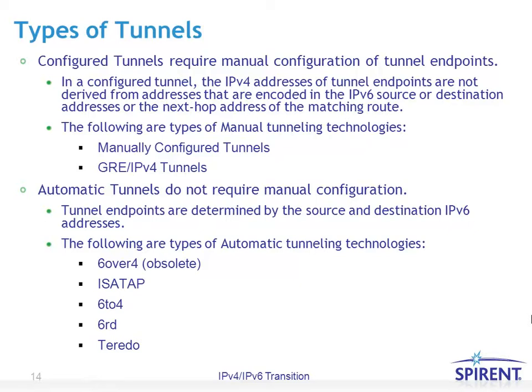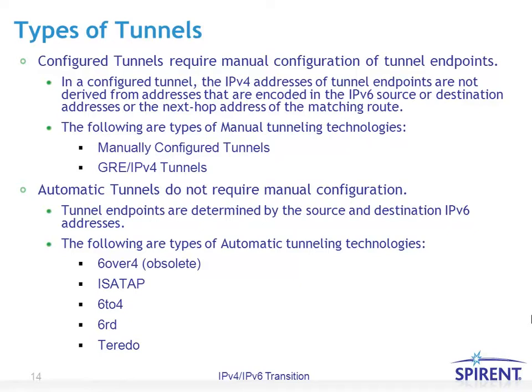Automatic tunnels do not require manual configuration. The tunnel endpoints are automatically determined by looking at the source and destination IPv6 addresses having embedded IP version 4 addresses. Embedded IP version 4 addresses in IP version 6 addresses are often referred to as compatibility addresses. The following are types of automatic tunneling technologies.